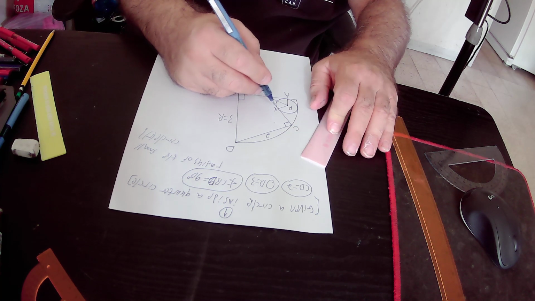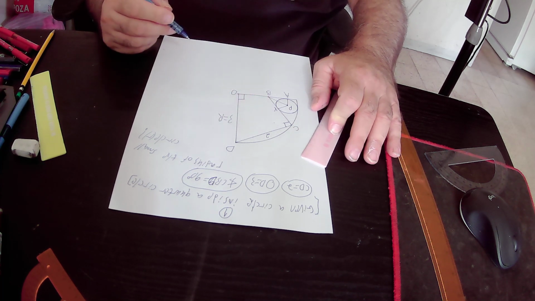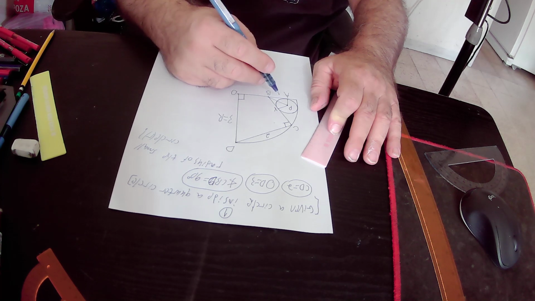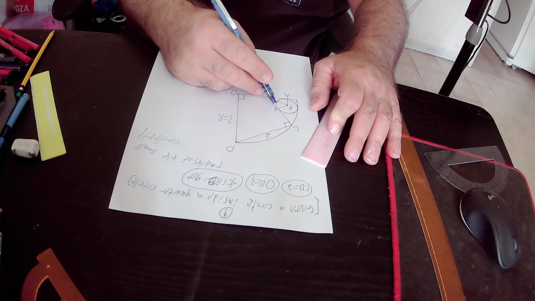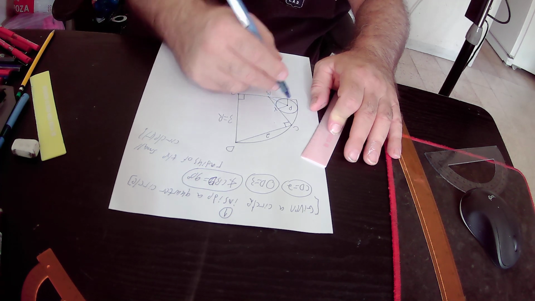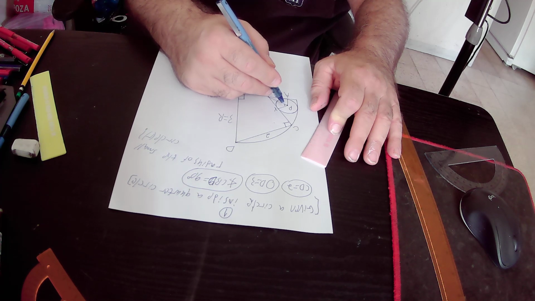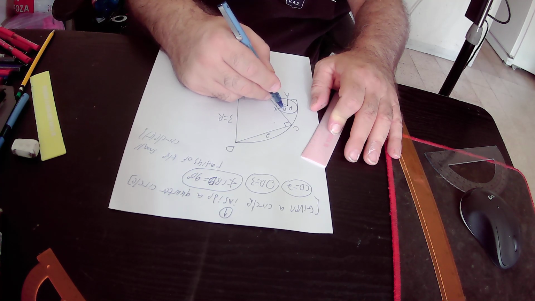Actually, PX is the radius of the small circle because it starts from the center of the small circle and ends at point X, a point on the small circle itself. Therefore, it is the radius of the small circle. I will mark it as small r.